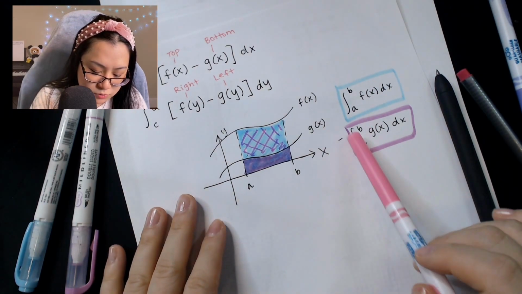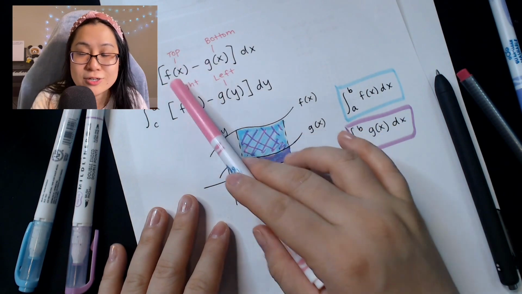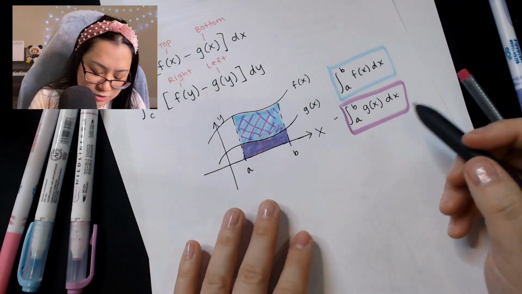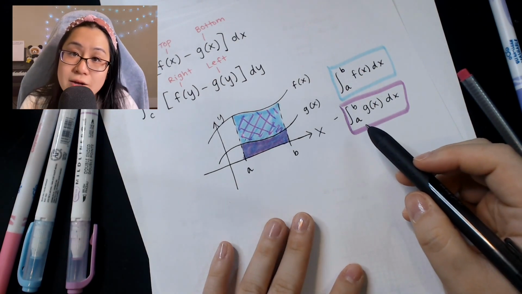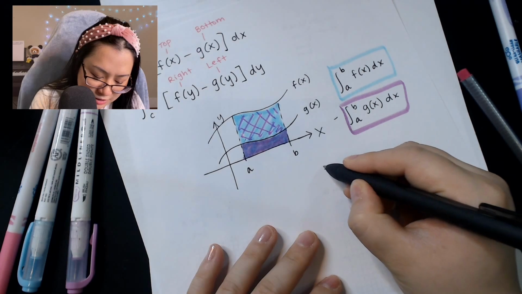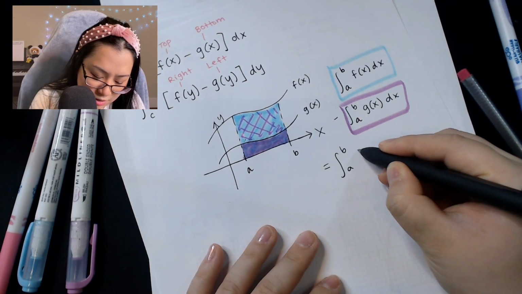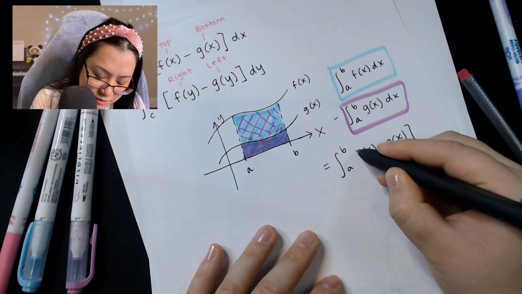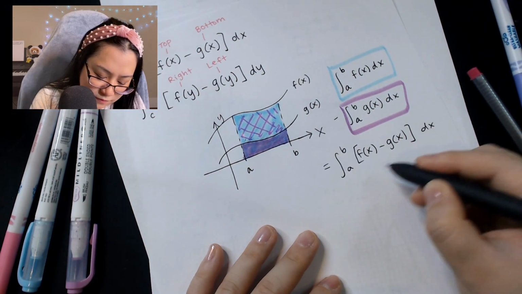So that's the most straightforward look for this case, is if they're both positive, and just based on properties of the integral and really just limits, we can combine this to be f of x minus g of x dx from a to b.